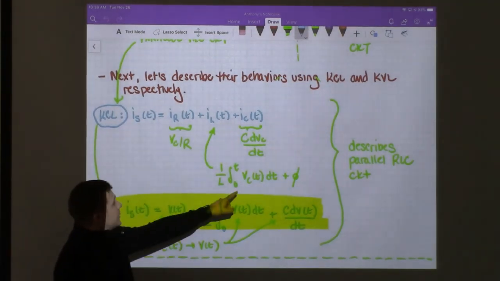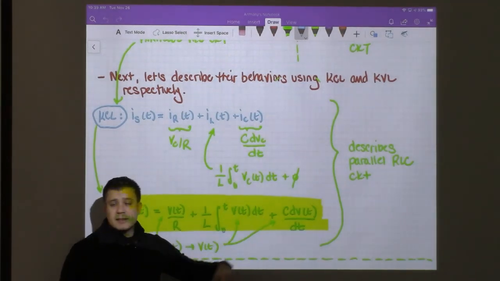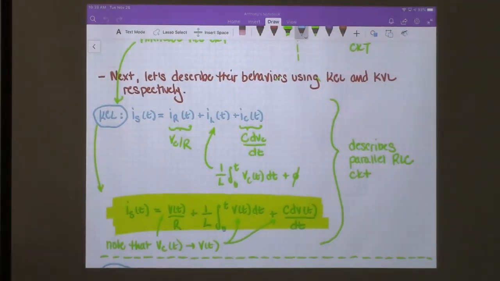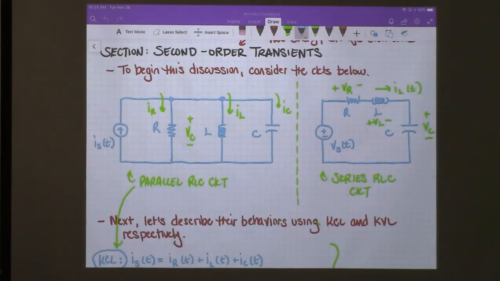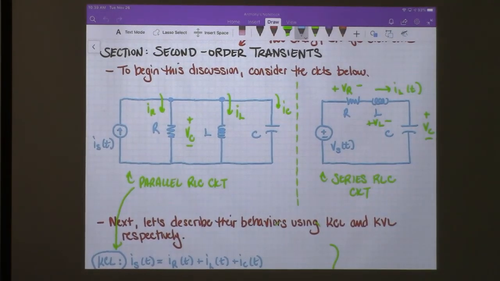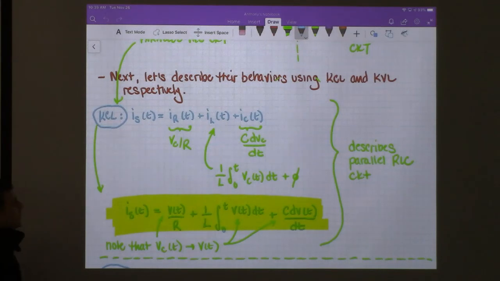Why is everything in terms of VC? Shouldn't this be in terms of VL? Okay, this is a single node pair, so all the voltages are the same. We could call it VC, or like in the previous problem, we could just call it V. And then the current through the capacitor is going to be equal to C dVC/dt.